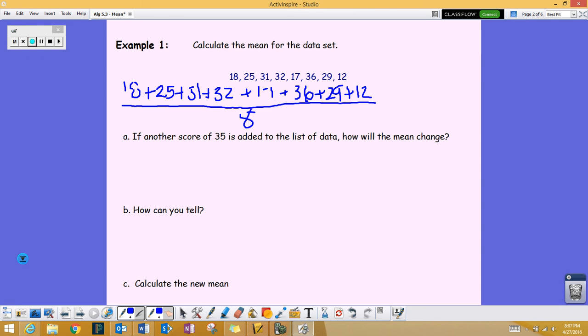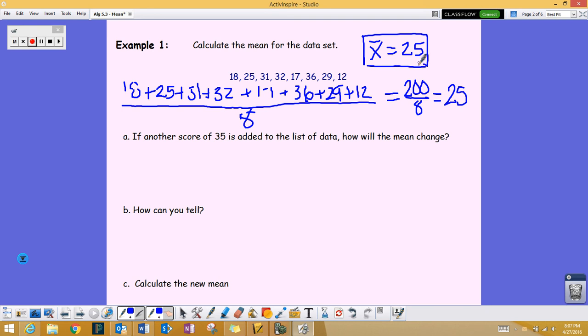Okay, and we're going to divide by the total number there, which is 8. When we add that numerator together, you actually get 200 divided by 8. And when we do that division, we get 25. So our mean here, or our x bar, is 25 for that set of data.